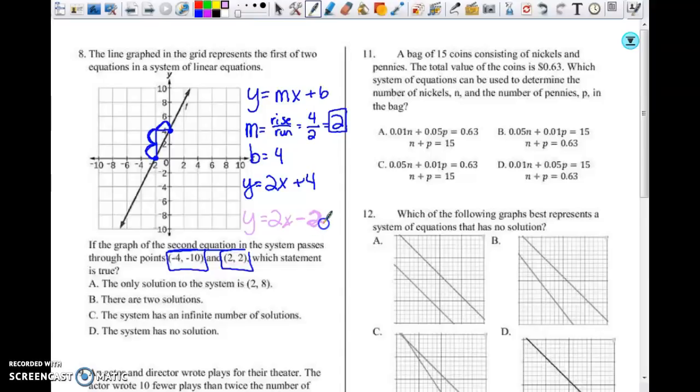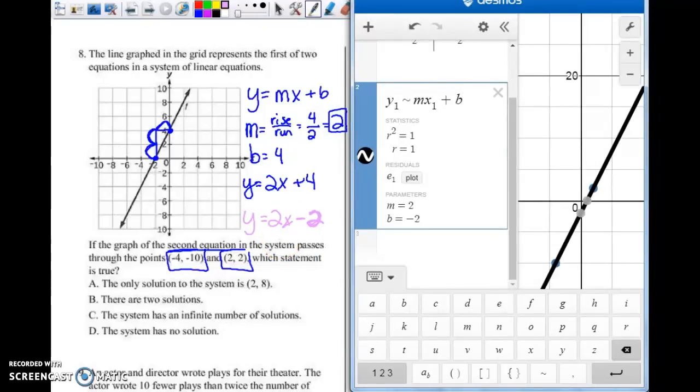They both had an m of 2. M equals 2 here, m equals 2 here. What do I know about lines that have the same m? Remember, what is m? My slope. They have the same slope. All right, so if you can't figure that out, let's graph both equations. I already know this line, right?